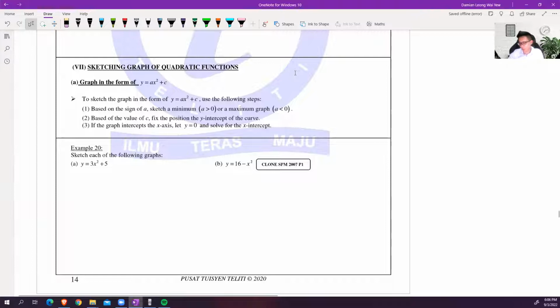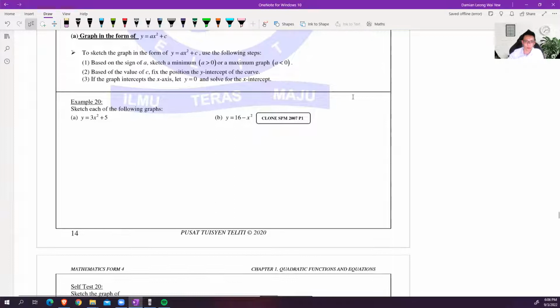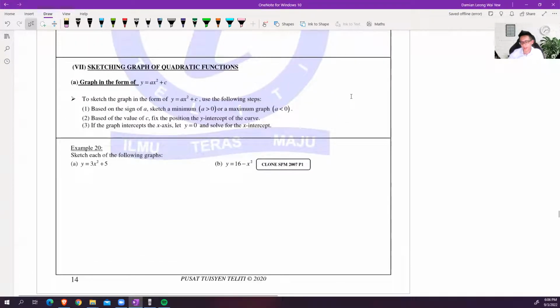Y intercept is your C. X intercept is when your Y is equal to 0. So we factorize and find the roots. And then, of course, you need to know your maximum or minimum point also, which you can find using the x values because it's right in the middle, or you can use negative b over 2a. Either way is fine. Okay.